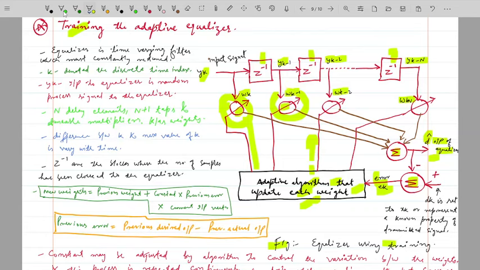According to the error signal, for each input vector the weights are updated continuously.